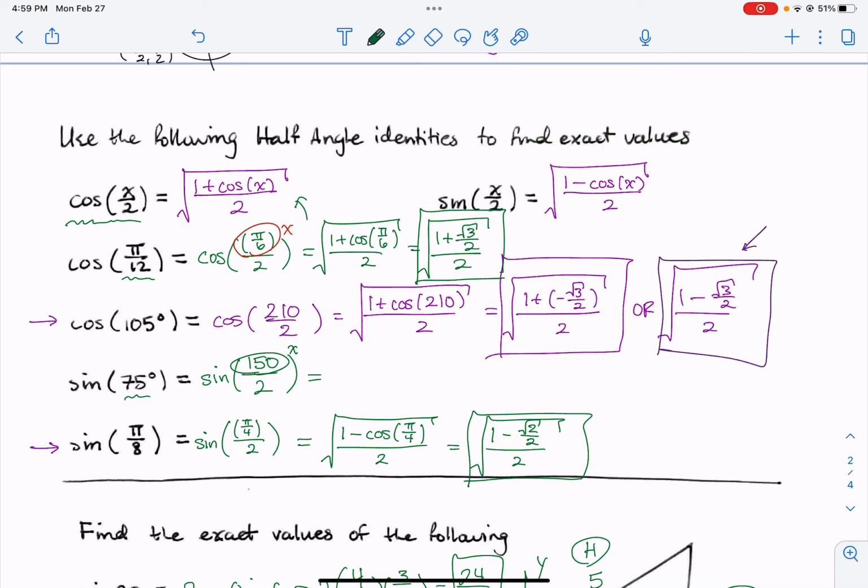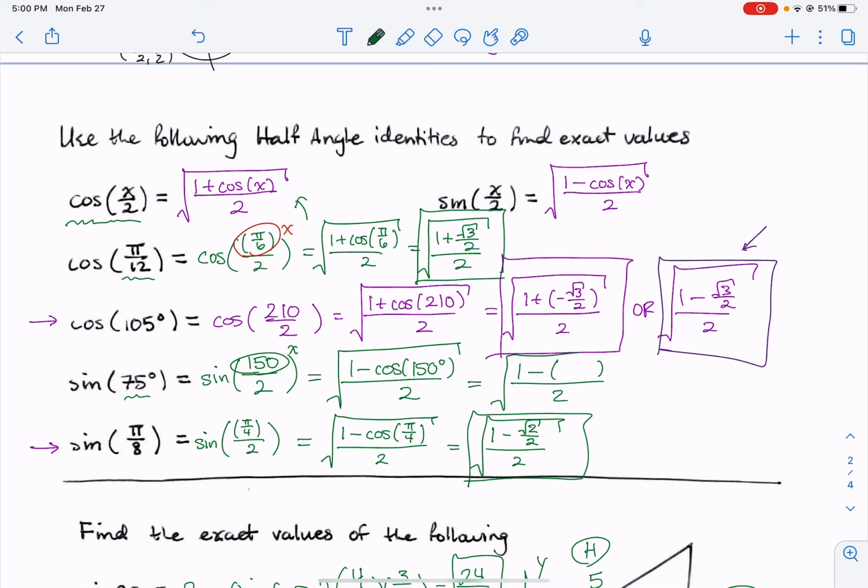All right, so sine of 150 over 2 should be equal to the square root of 1 minus cosine of 150 over 2. And where is 150? Well, that's 30 degrees shy of 180, right? And so if you think about where it is, you should get that cosine of 150.